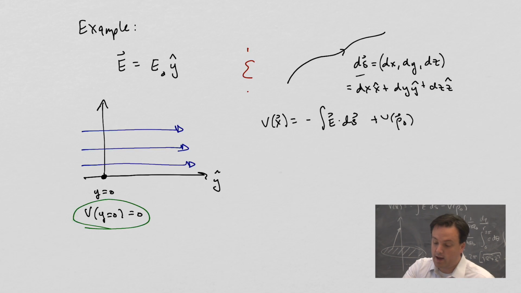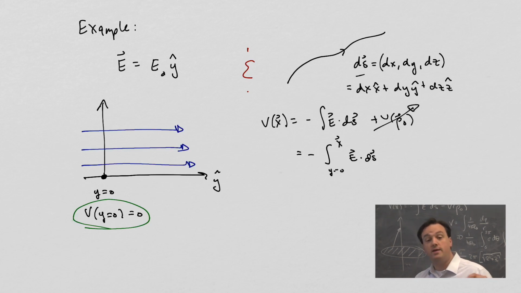And so when I look at this integral, as long as I'm integrating from y equals 0 to whatever point I'm interested in, let me still call it x vector for now, of E dot ds, I can then throw away this second part because at y equals 0, the place where I'm starting my integral, the potential is 0.